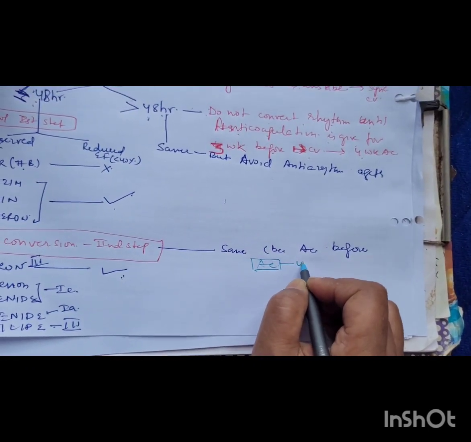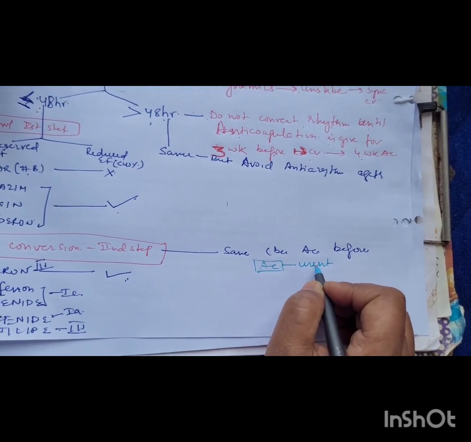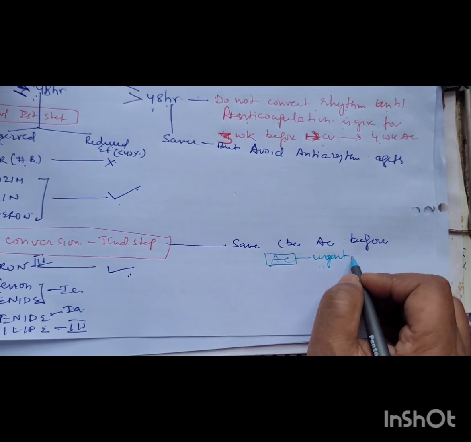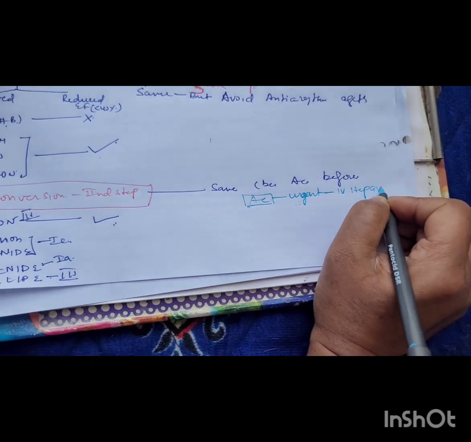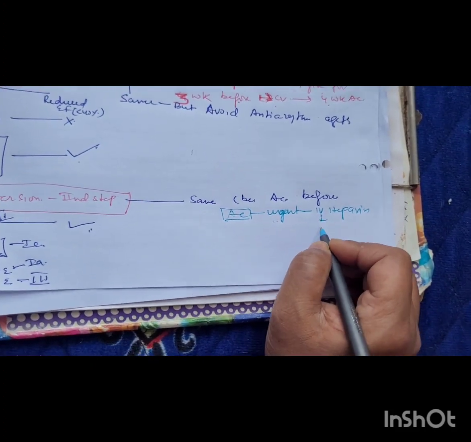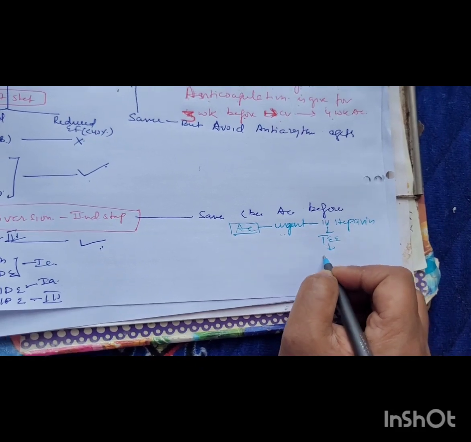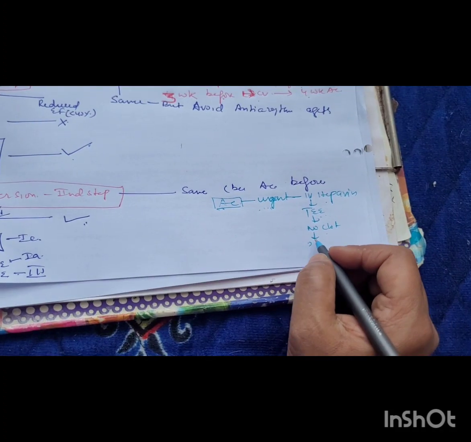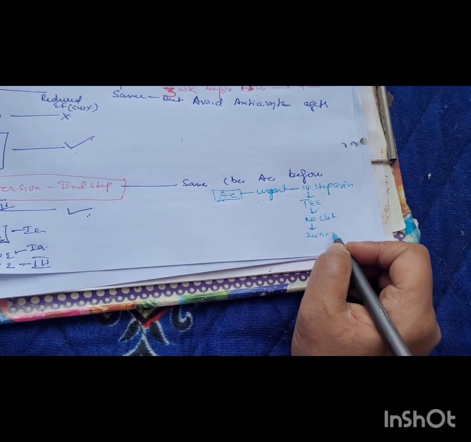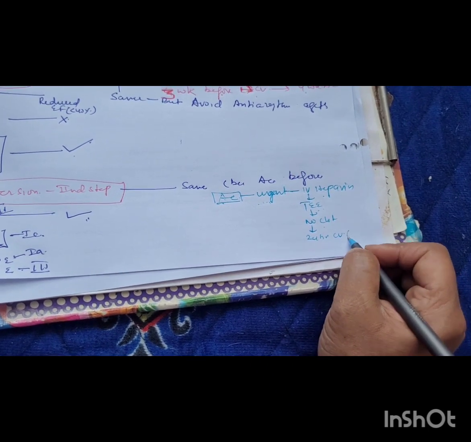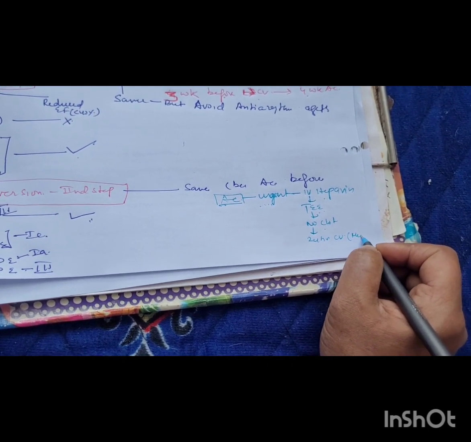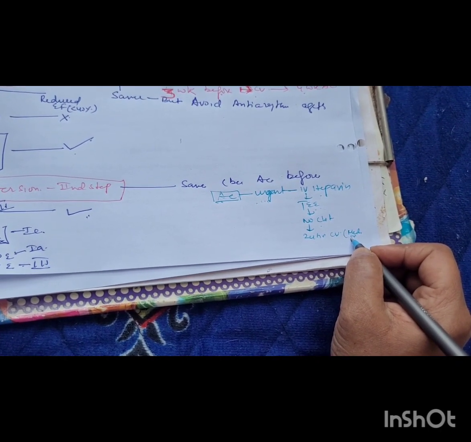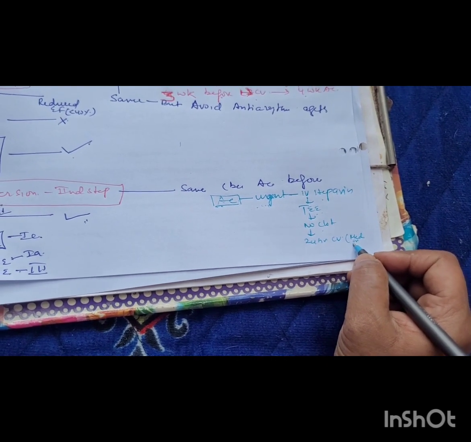If it is urgent, you have to start IV heparin, then do TEE. If no clot, in another 24 hours, if no clot, you can do cardioversion either by medicine or by synchronized DC shock.